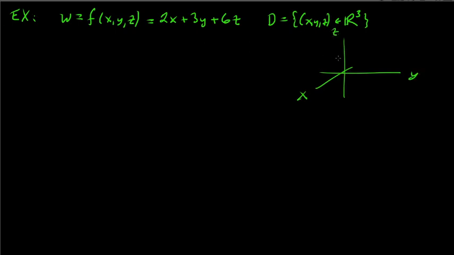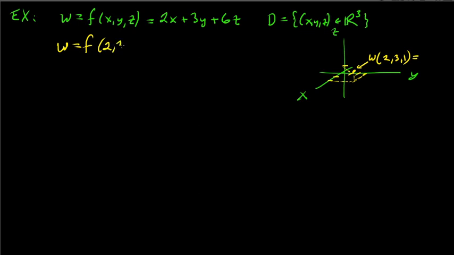So I can take 1 point. Let's say x is 2, y is 3, and z is 1. That's right about here. So what's the value at that point? What is w at that point in space? Well, plug it in the function.